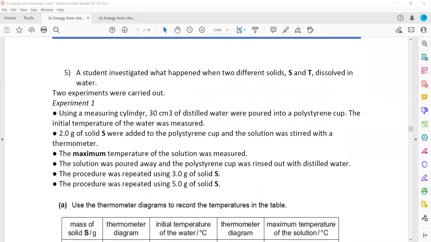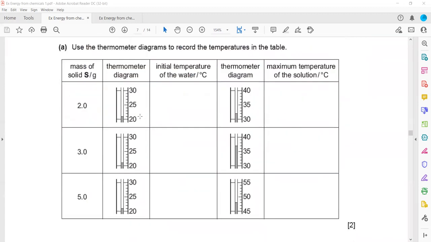Another similar question is there. Use the thermometer diagram, record the temperature in the table. What is the initial temperature? 21. What is the final temperature? 32. Initial temperature 21, final temperature 37.